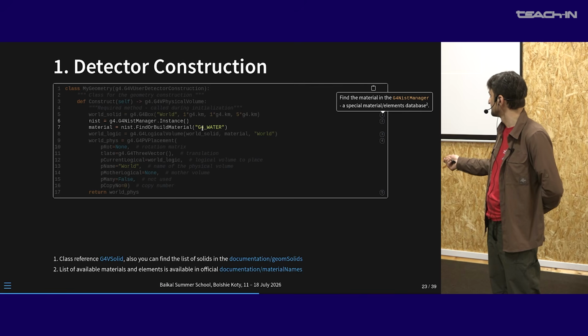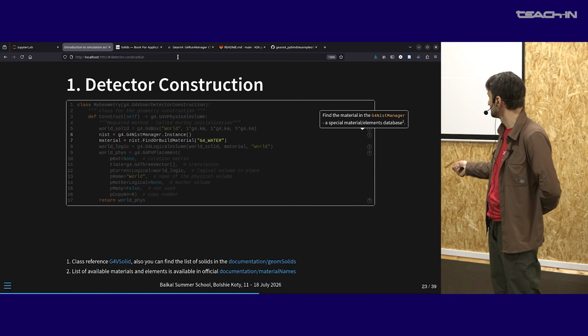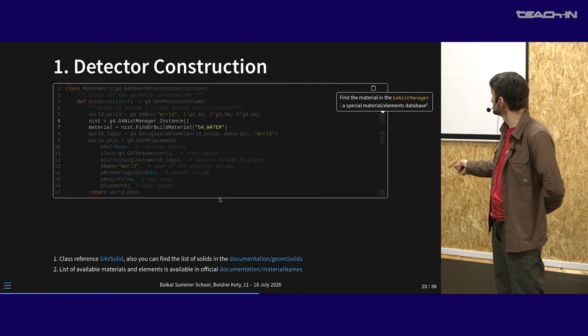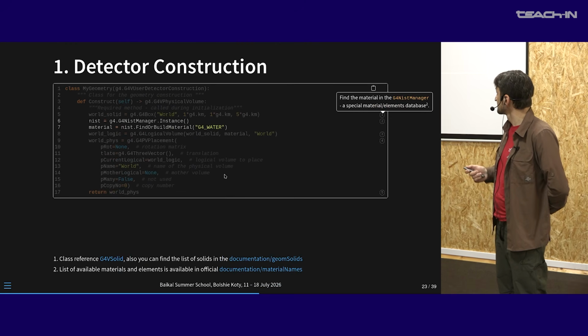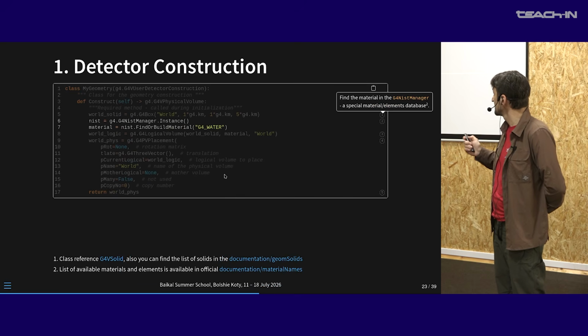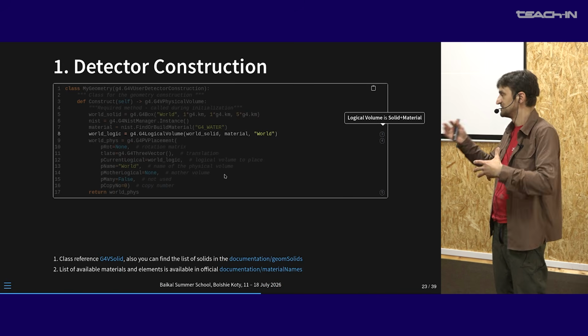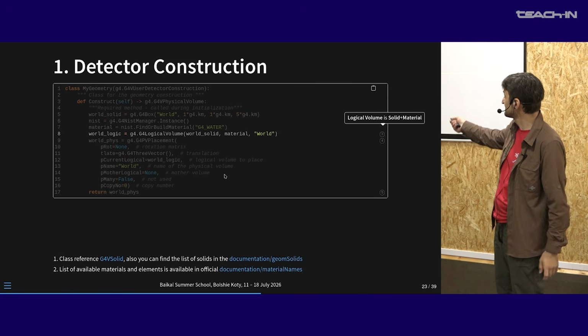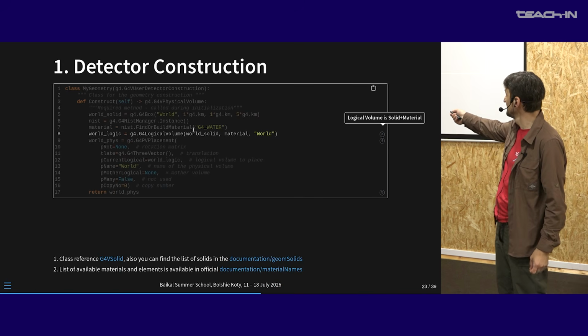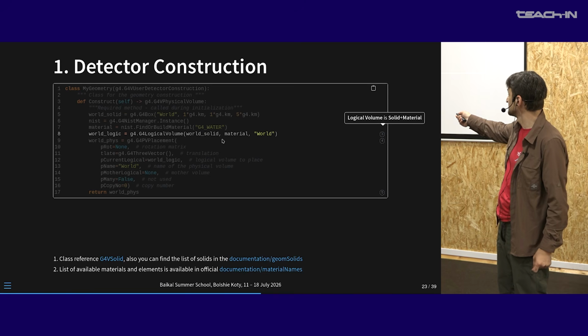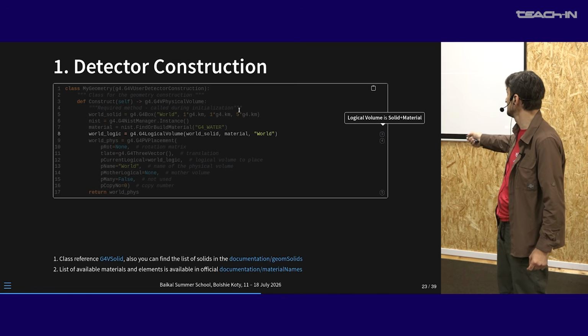There's also a list of available materials and elements in the official documentation. We use water. Then we need to combine the shape and material. This is another class, G4LogicalVolume. We combine this box with water and add the name, World.